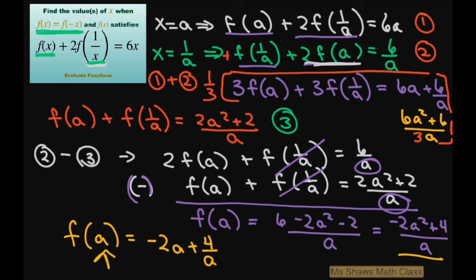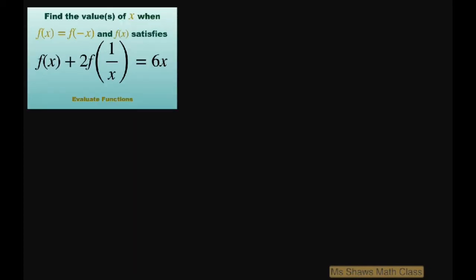Now I'm going to substitute back in, because my x equals a, substitute back in my x. So that means I have f of x equals negative 2x plus 4 divided by x. Now we're almost done.